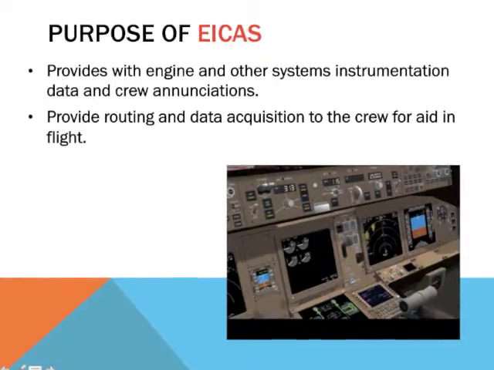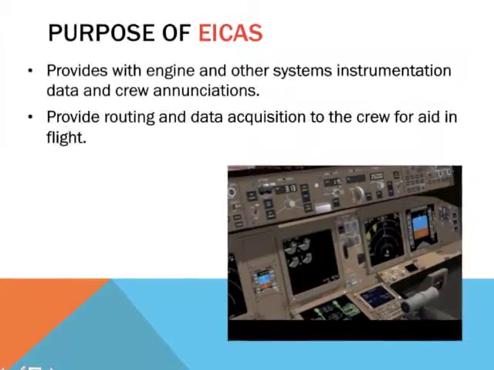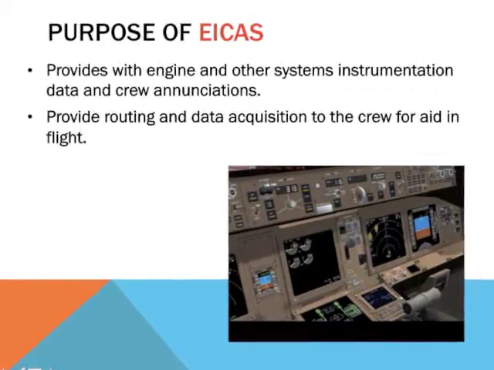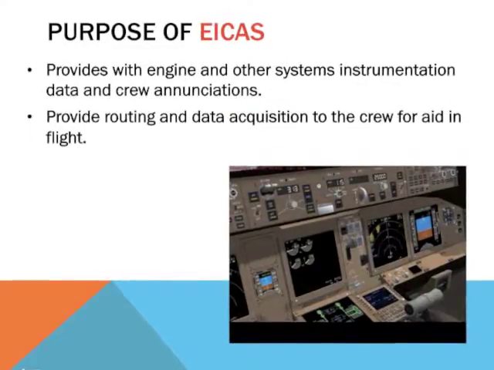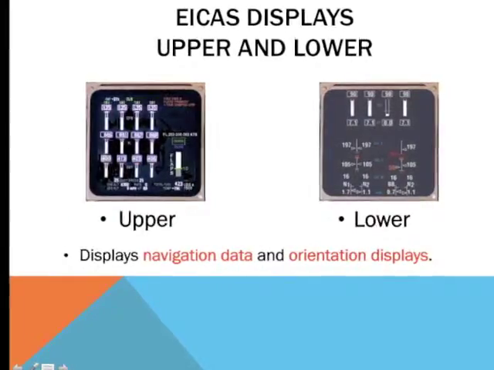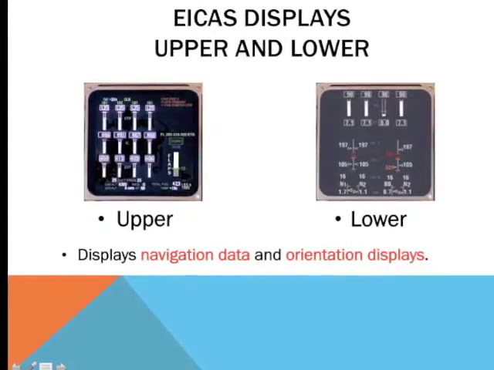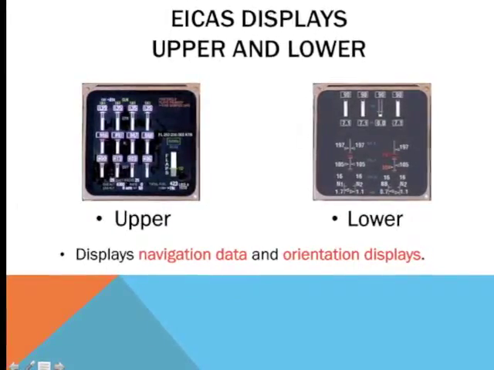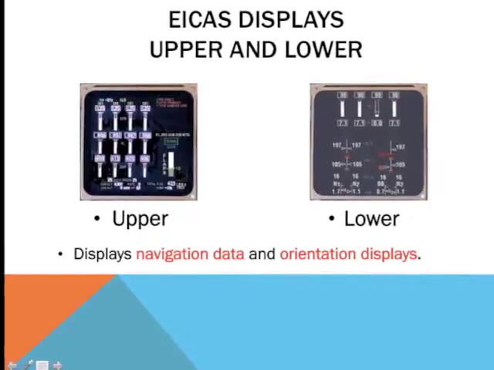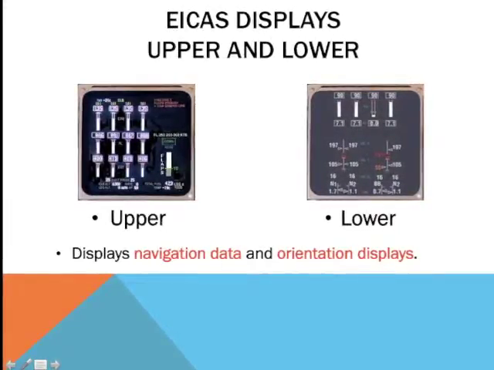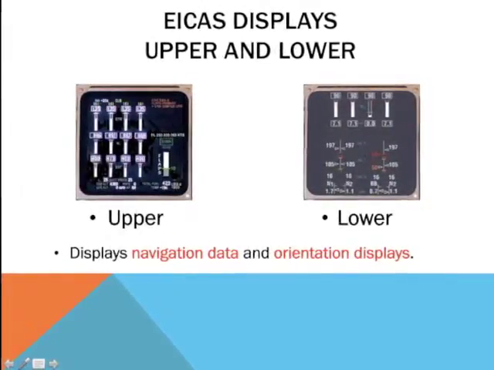And also, it provides routing and data acquisition to the crew for aid in flight. Here are two pictures of ELNFAS display, the upper and the lower display. They display navigation data and orientation displays.